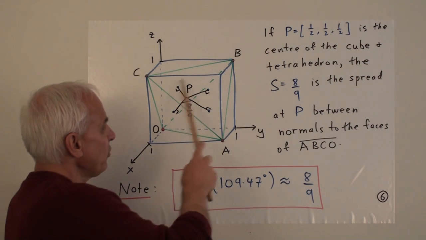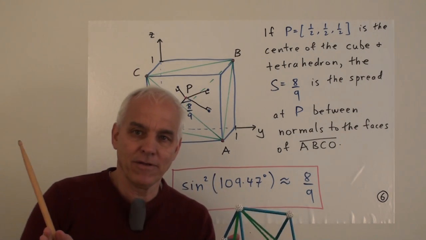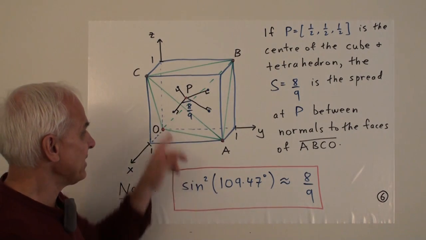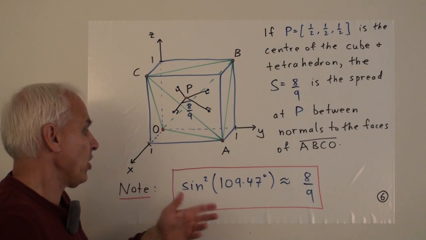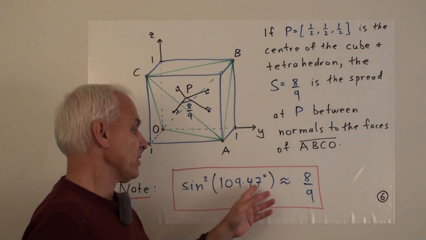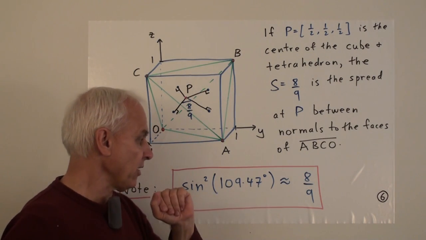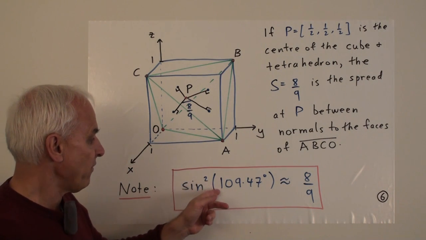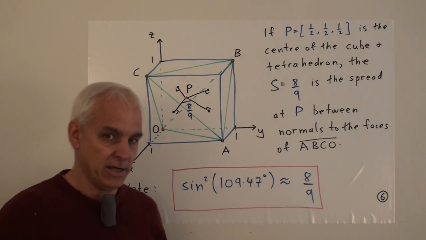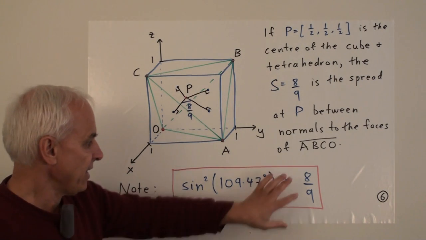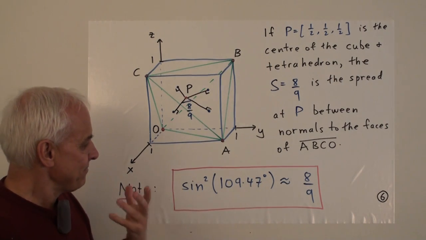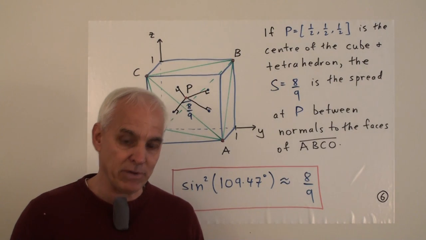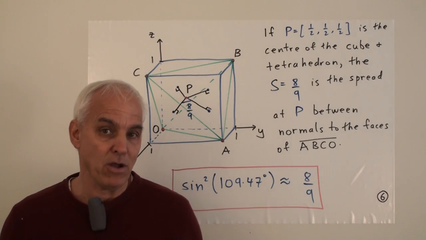And so we see that what we're doing is recovering this angle formed by the methane molecule, except in a rational formulation. This 8/9 is exactly the rational analog of this angle, 109.47 degrees, which is only an approximate value. One can calculate that, yes indeed, if you take the sine squared of this angle, you get approximately 8/9. So the 8/9 really is playing the more fundamental role in describing not just the regular tetrahedron, but also the geometry of the methane molecule.